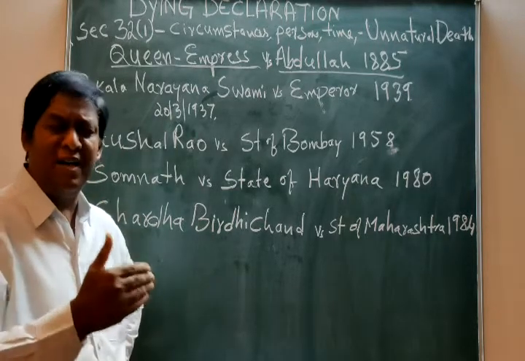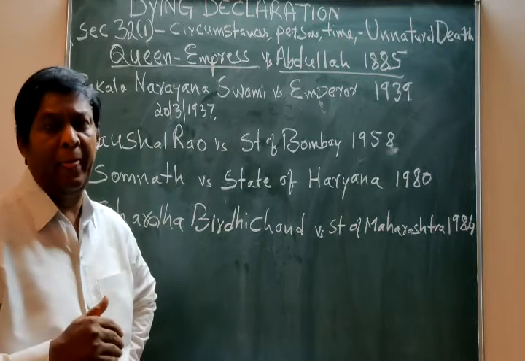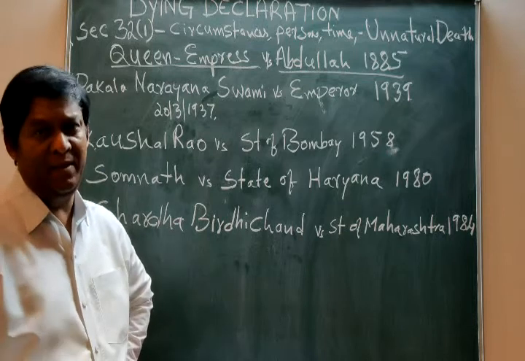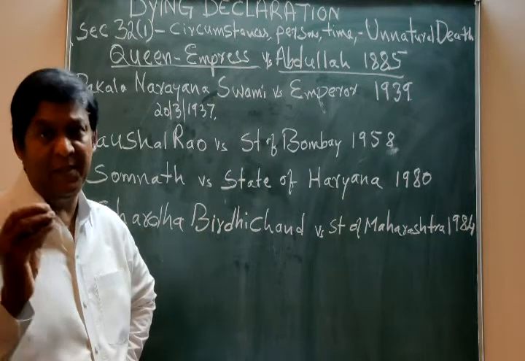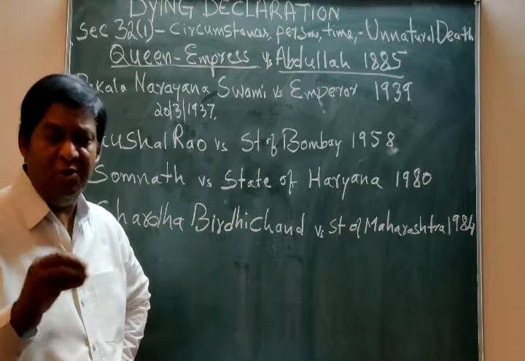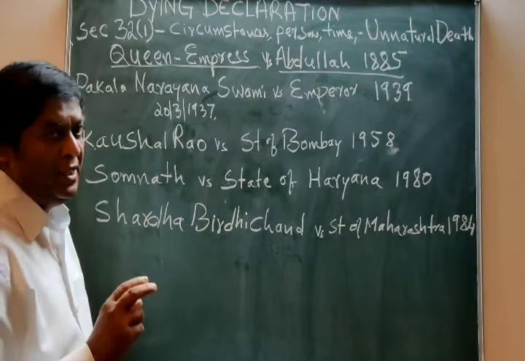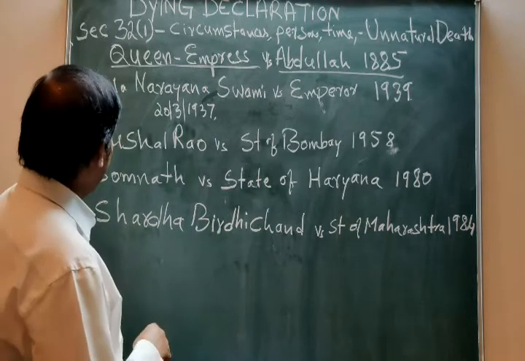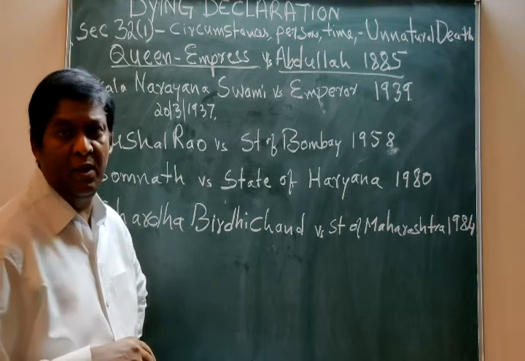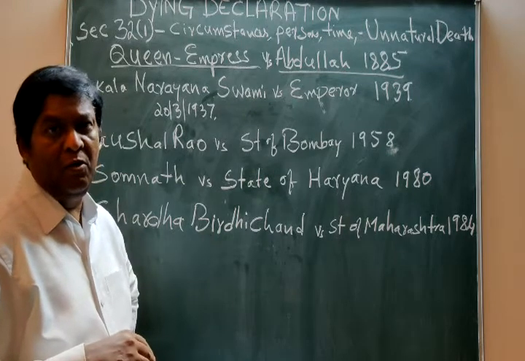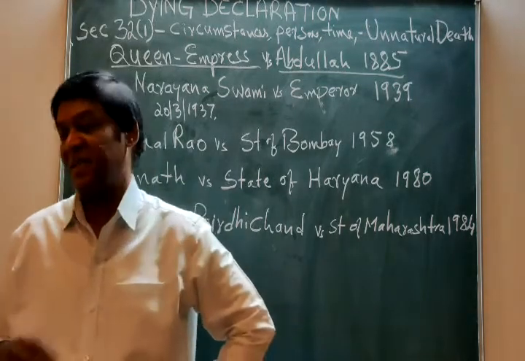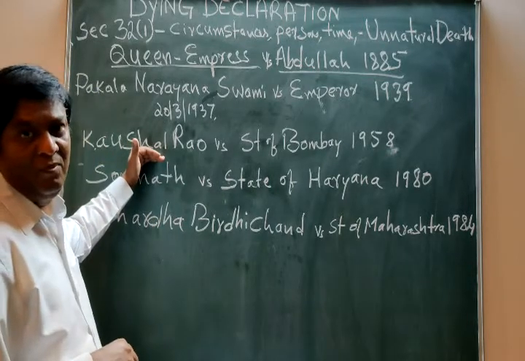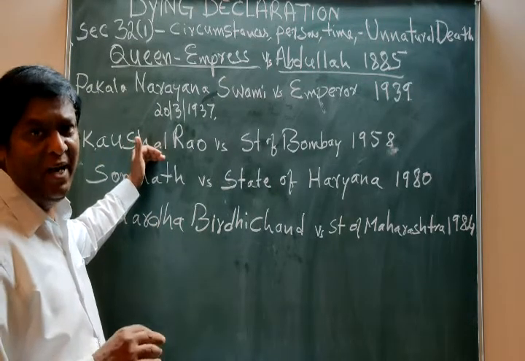One day, it was night, around 9 o'clock, Babulal was attacked by 4 members. Out of these 4 members, he could collect 2 names. That victim told the names of Kushal Rao and another man, Telli.